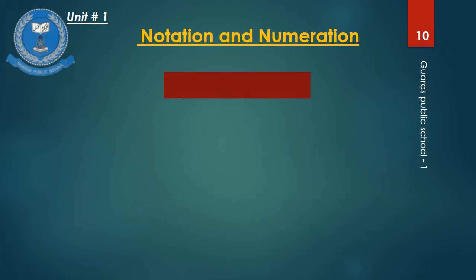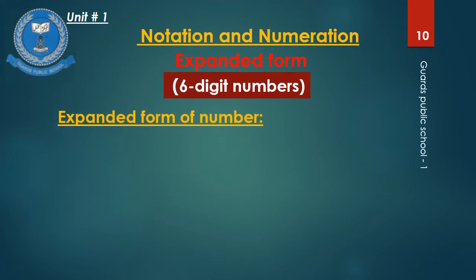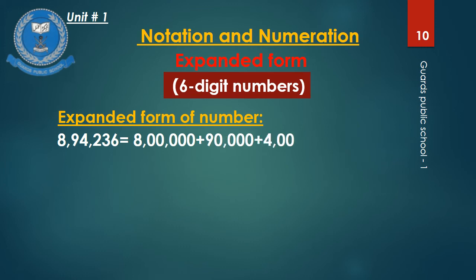Students, let us learn the expanded and short form of a 6-digit number. When we write any number in expanded form, it means we have to write the value of a single number with zeros. Here you can see the first number is 8. So 8 is in the column of lakh. It will be written as 8 with 5 zeros. After each number, 1 zero will be decreased.